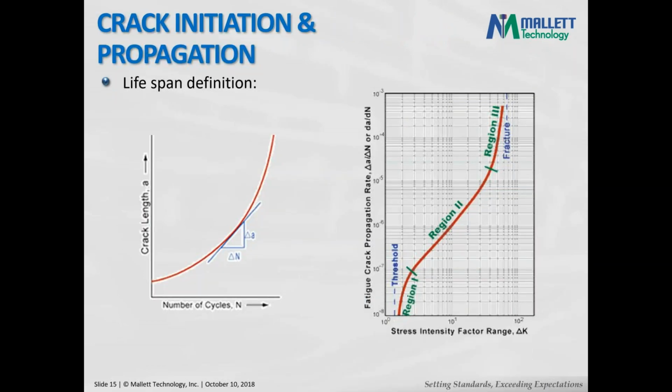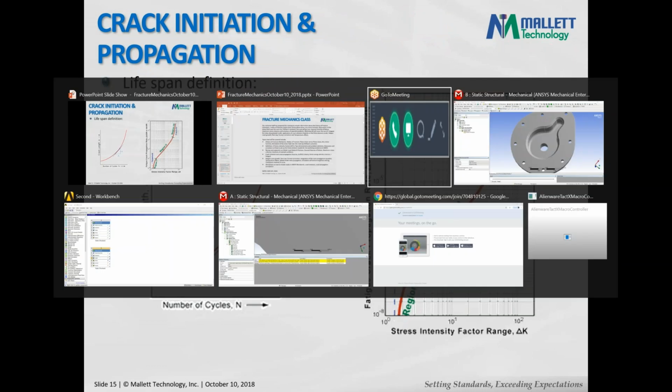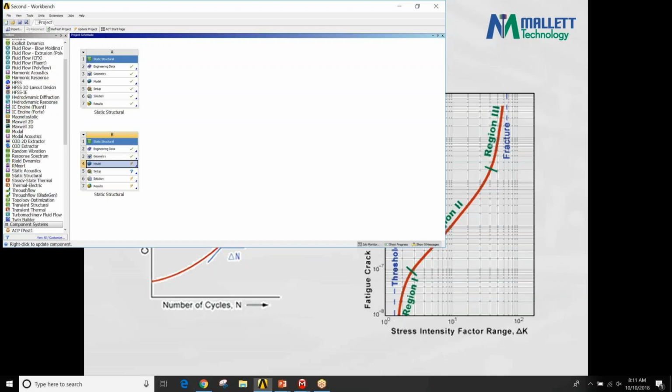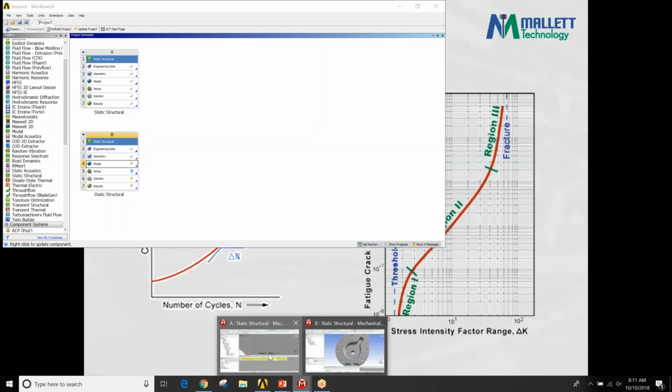So today, instead of going through a bunch of slides, I also prepared a Workbench file. I'll take you through a live demo, and I have two Workbench files open here.